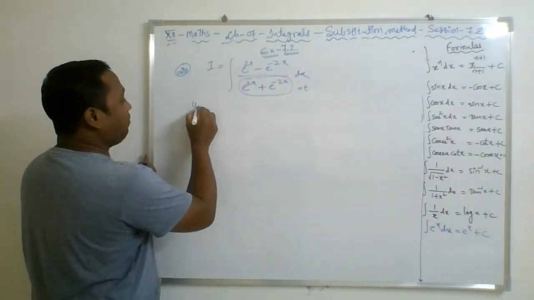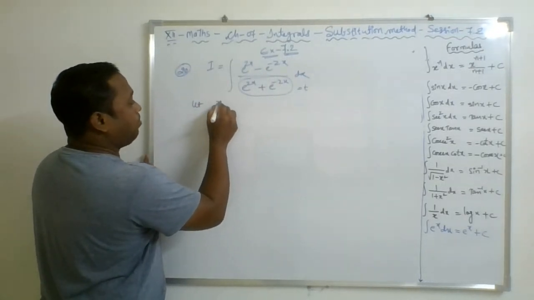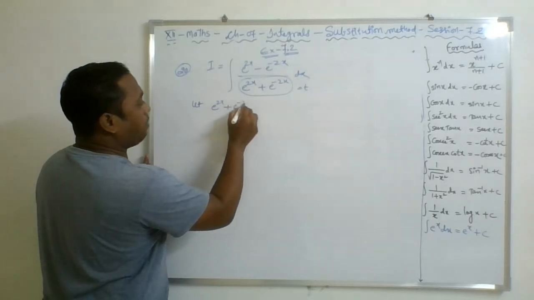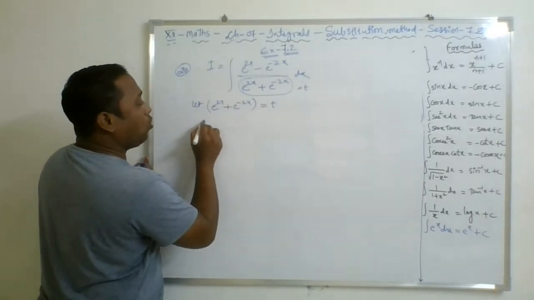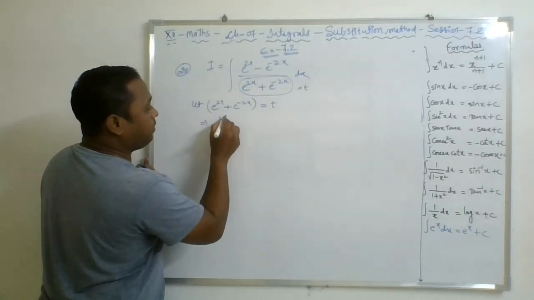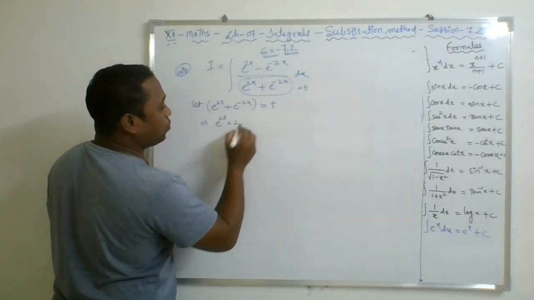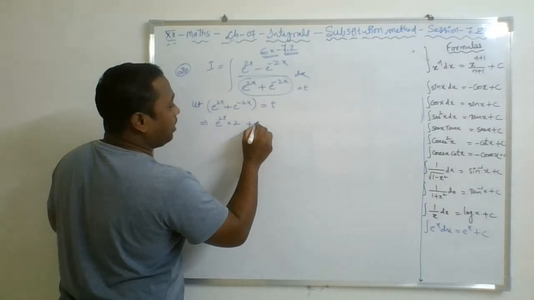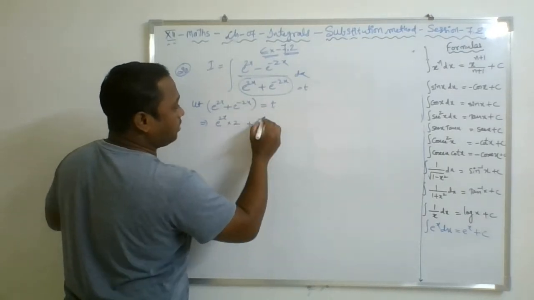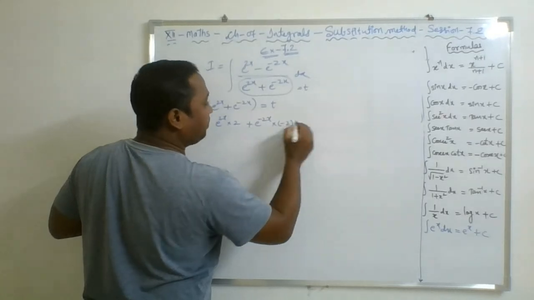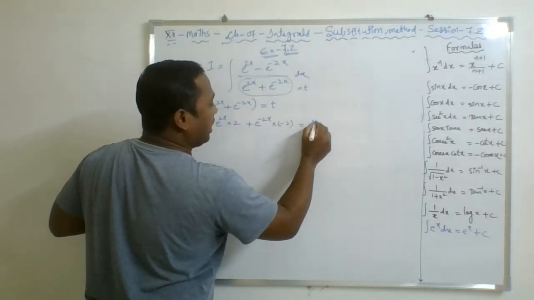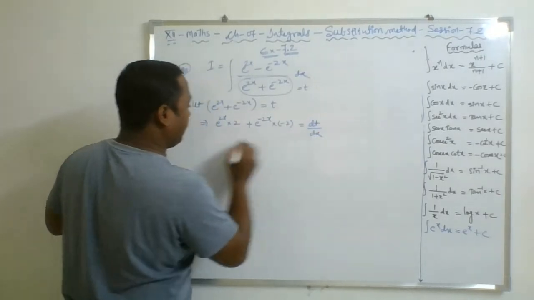So again, let the entire function e power 2x plus e power minus 2x be t, and go with the derivative. The derivative of e power 2x is e power 2x into 2, and similarly the derivative of e power minus 2x is e power minus 2x into minus 2, which equals dt by dx.